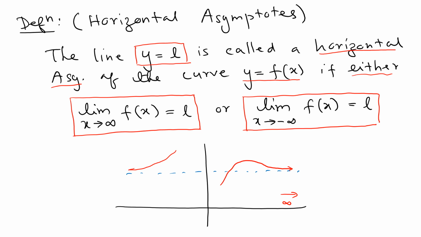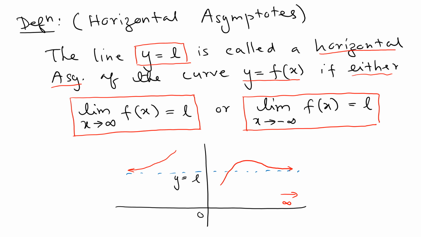If one of them is true, then we say this line, y equals L, a horizontal line, is a horizontal asymptote. Only one is enough, because there are situations where you get more than one horizontal asymptote. So there can be either two, one, or none. Only those three situations.